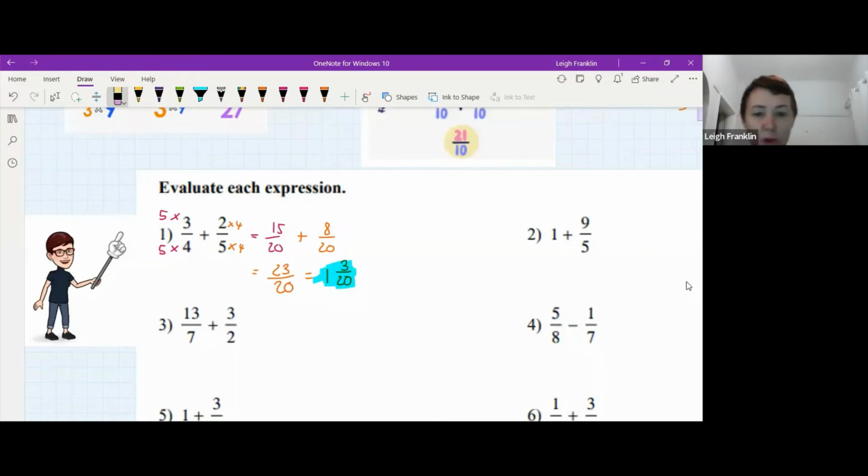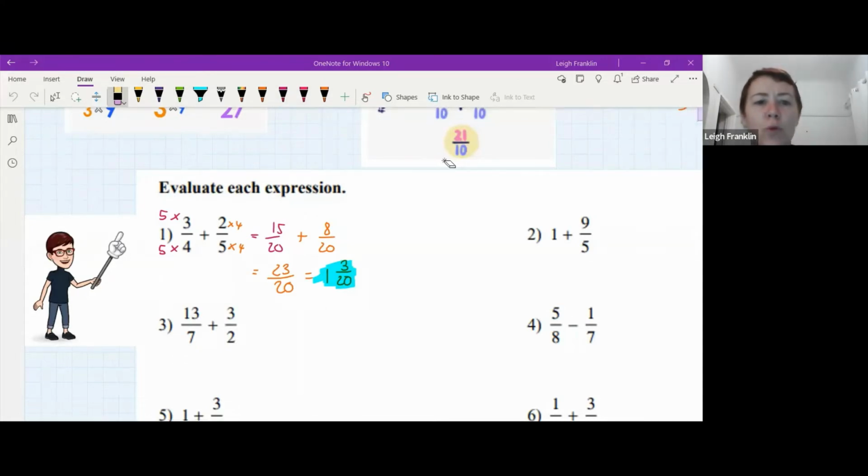So now, Asha, since I've got you, how would you do number 2? Number 2, I'm not really quite sure on how to add a whole number and a fraction together. Okay, all right. Well, let's see if there's somebody out there that can help you. Anybody able to help? Oh, Rolivua got her hand up. Rolivua, can you help Asha answer question number 2, please?